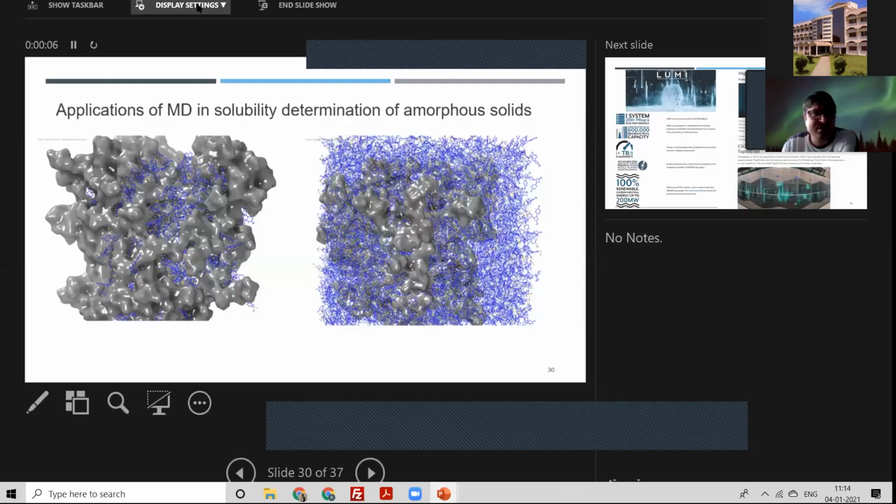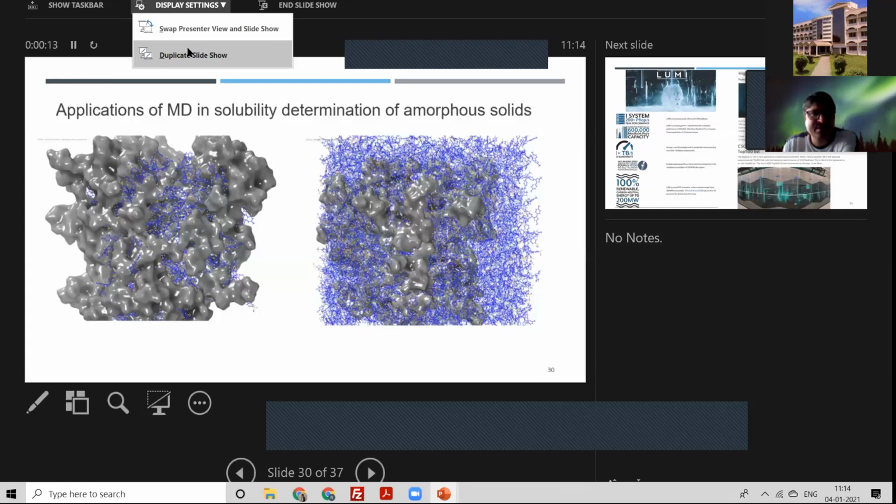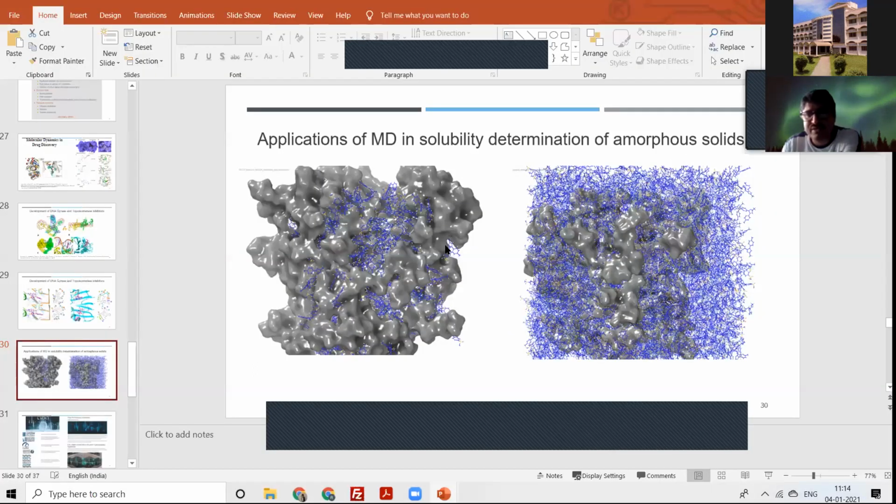In drug development, we need to have our compounds, and we need to calculate the interaction. So here I will show you one example.